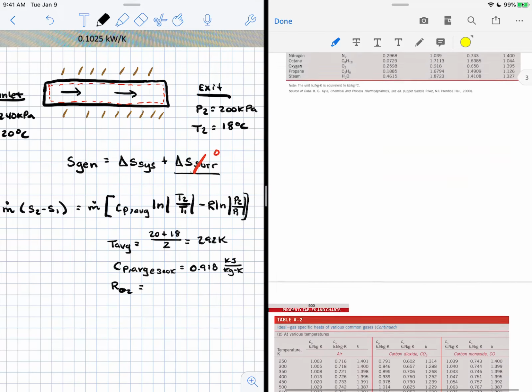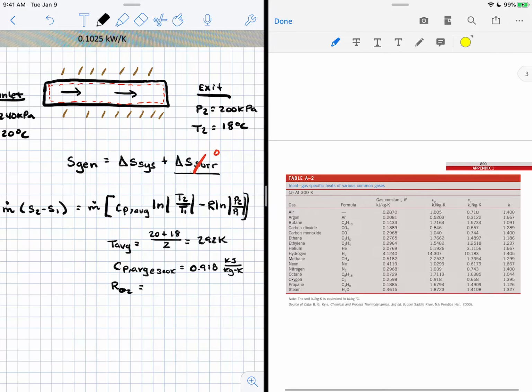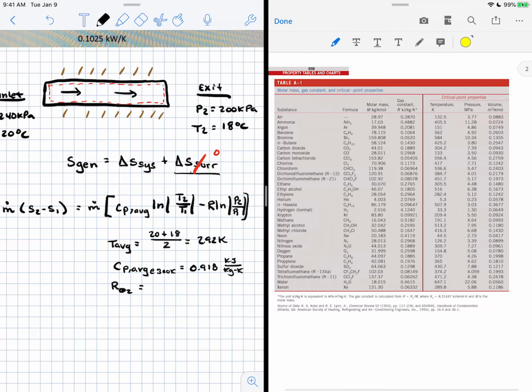We can also grab the ideal gas constant for oxygen off of this table. It's 0.2598 kilojoules per kilogram K.